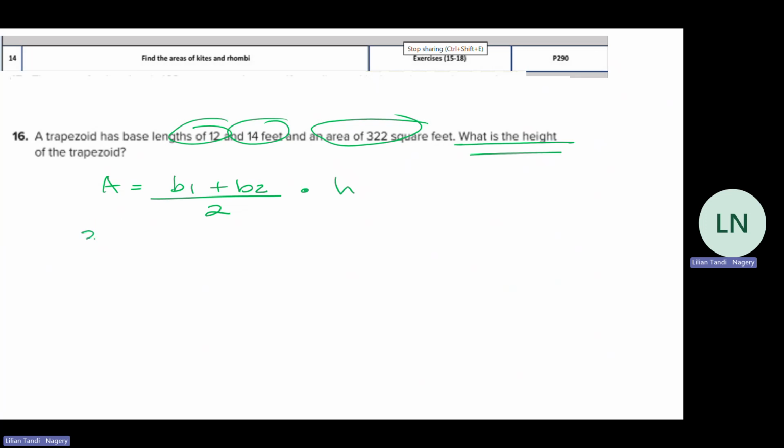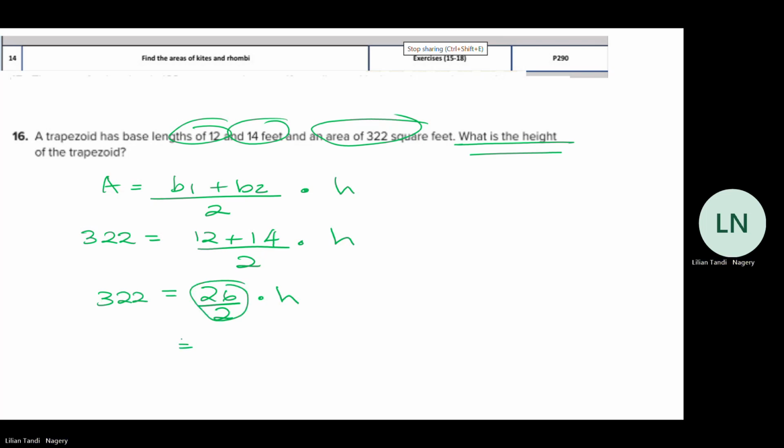I know the area, 322 equals 12 plus 14 divide by 2 multiply by the height. So then I will do 12 plus 14, which is 26, divide by 2, which is 13. So 13h equals 322.